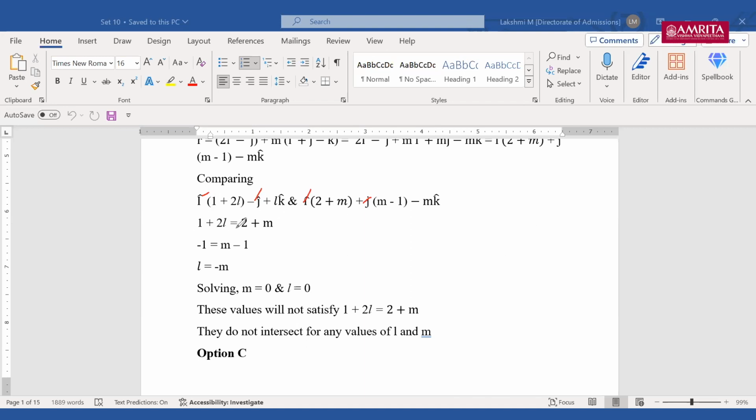The first part is 1 + 2L = 2 + M. Here it's M - 1, and this is also -1, so M is 0 and L is 0. It's a simple calculation, but these types of questions often come in examinations.